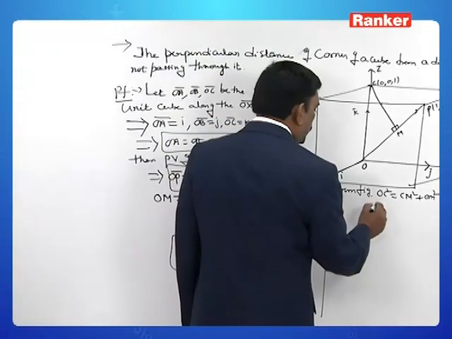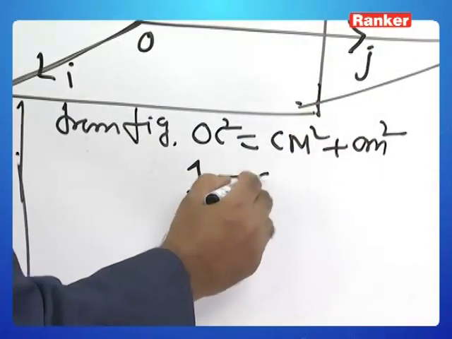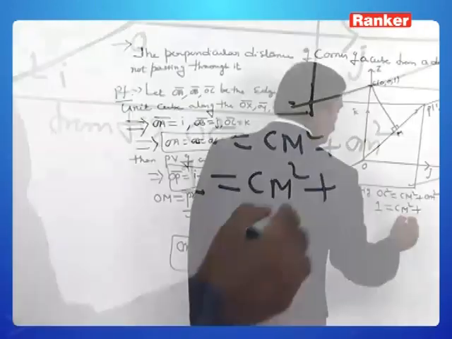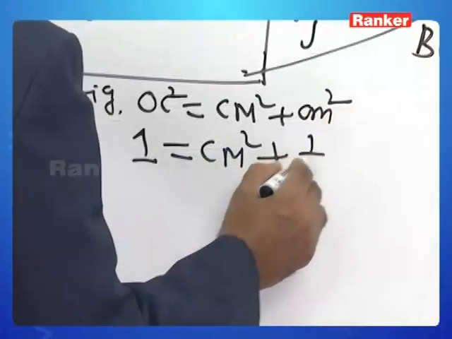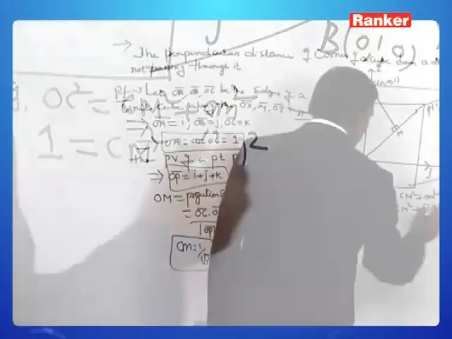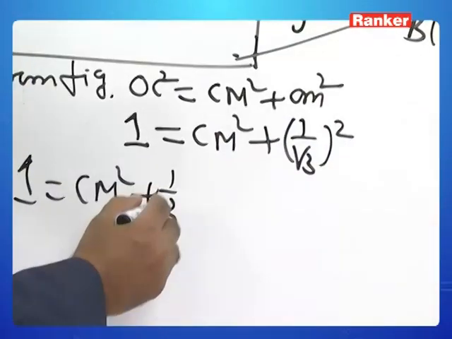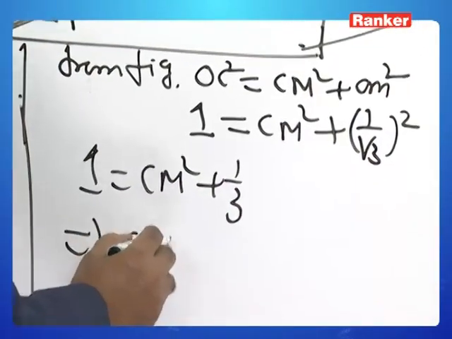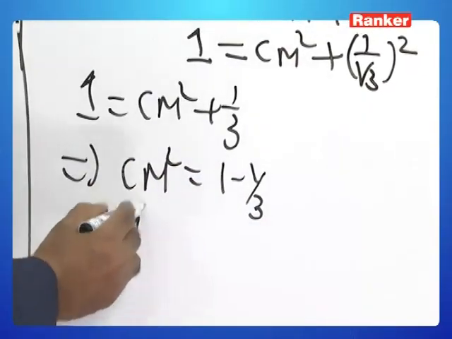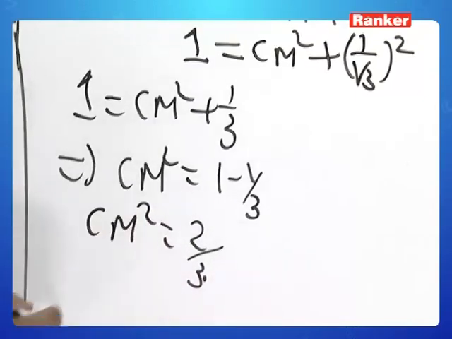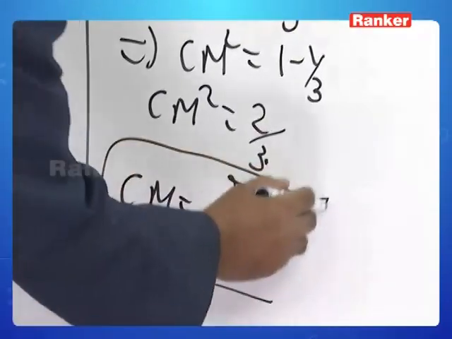OC square is 1, since K whole square is 1. CM square we are supposed to find. OM I have already found, it is 1 by root 3, so 1 by root 3 whole square. Therefore 1 is equal to CM square plus 1 by 3. Transferring, CM square is equal to 1 minus 1 by 3, so CM square is equal to 2 by 3. Therefore CM is equal to the square root of 2 by 3.